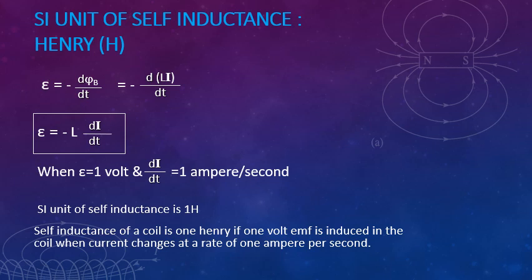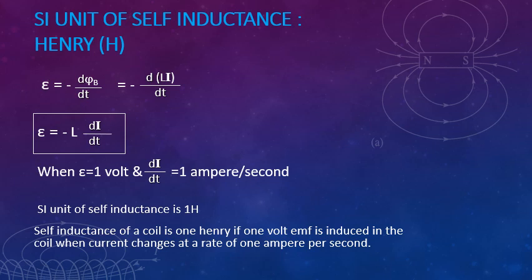We will now define the SI unit of self-inductance. The SI unit of self-inductance is Henry or capital H. You have already studied that when current in a coil changes, the magnetic flux linked with the coil changes and EMF is induced in the coil.